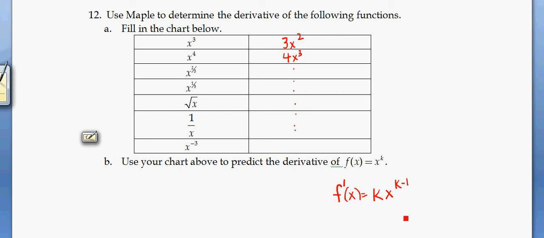And this is for k can be an integer, a rational number, a negative number, anything. So k is any constant. So in fact, this right here is what's frequently called the power rule. So to generalize, you pull down the exponent and you subtract 1 from that exponent.